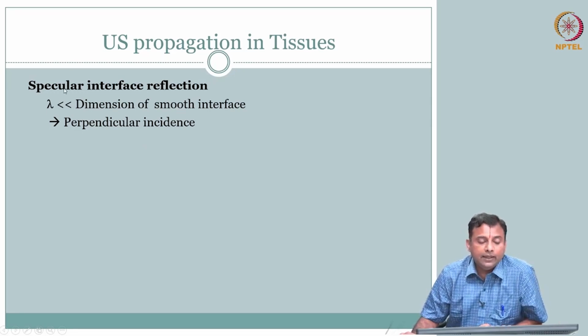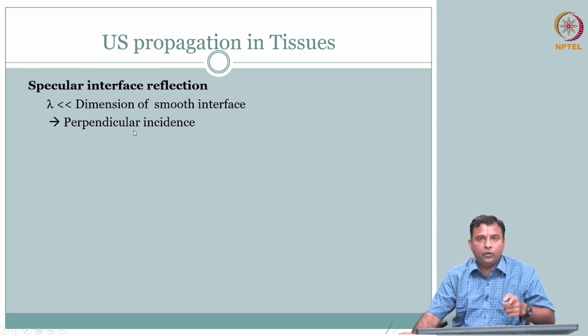Okay, what other possibility is there? We talked about your lambda, right? There is another thing called specular interface reflection, where your lambda is much smaller. This is the interface that we drew.